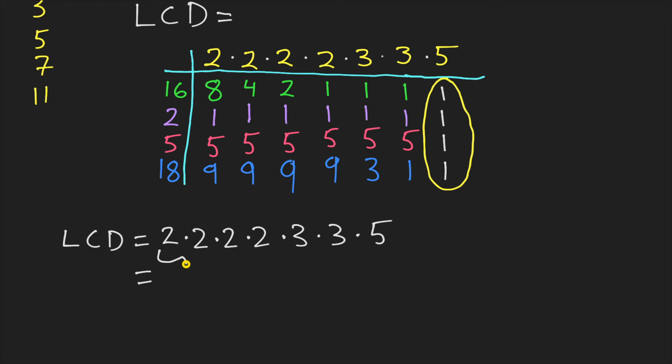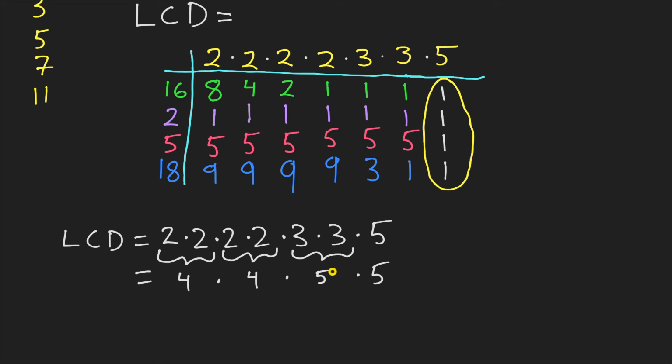Take the first two 2's, so 2 times 2 is 4, then multiply by 2 times 2 is 4, multiplied by 3 times 3, and multiplied by 5.